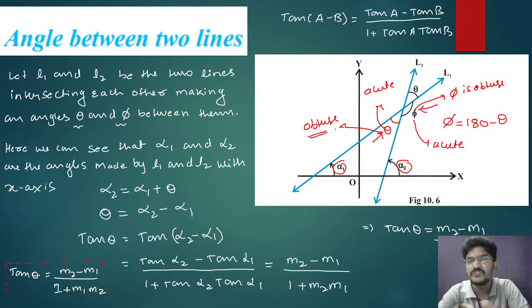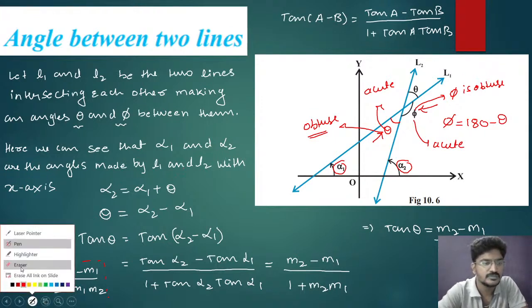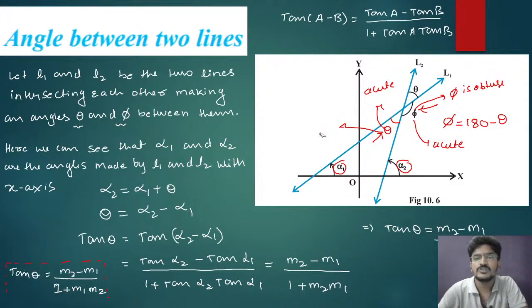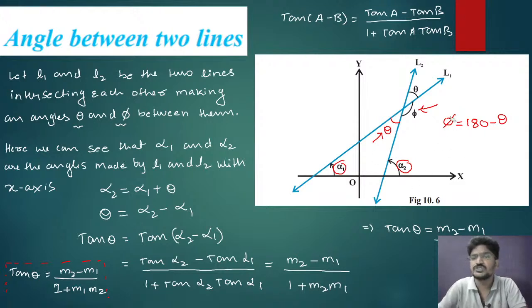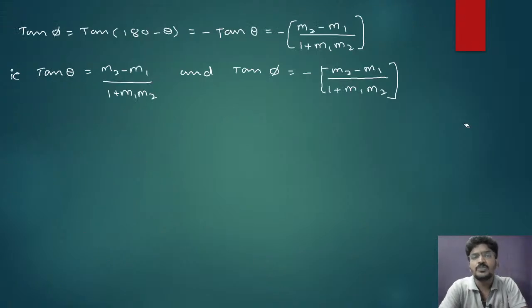One, if theta is acute, pi will be obtuse. If pi is acute, theta will be obtuse. I think all of you know this. So that we have to solve now.